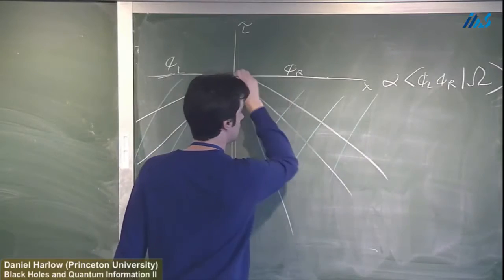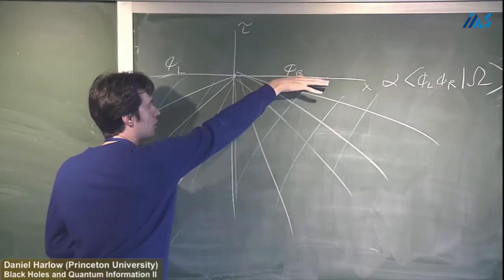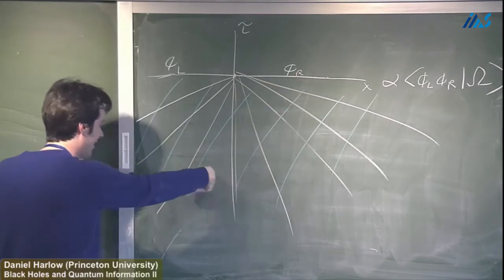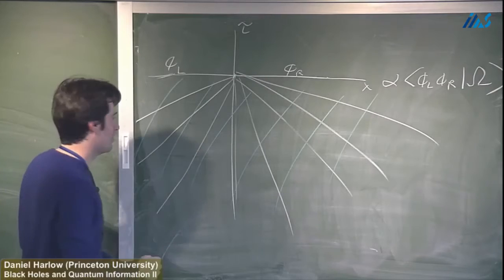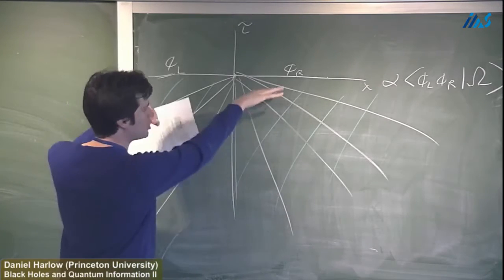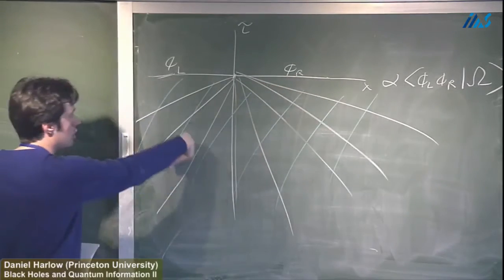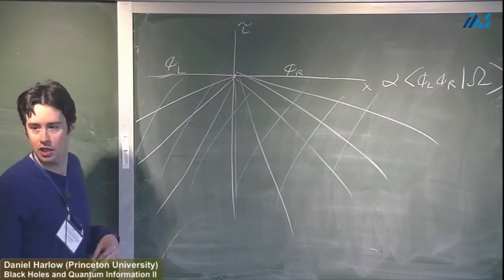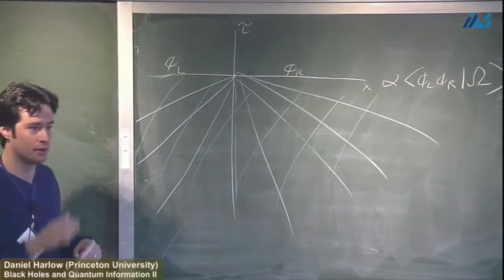In that case, phi R is say the final state, and phi left is the initial state, but instead of using the Hamiltonian to do the evolution, I'm using the operator which generates rotations in the Euclidean plane, in the plane of tau and x.